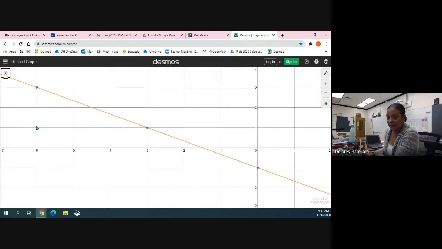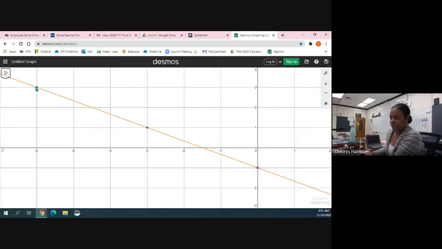That's -2. So the rise would actually be -2. The run would be to the right, 1, 2, 3. So down 2, -2, to the right 3, that's +3, so that slope is -2/3.